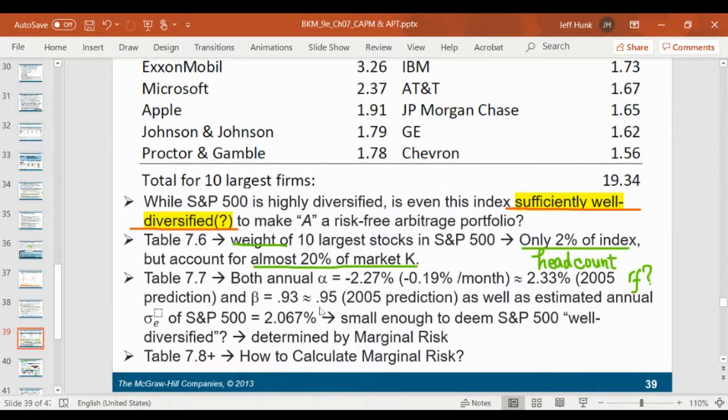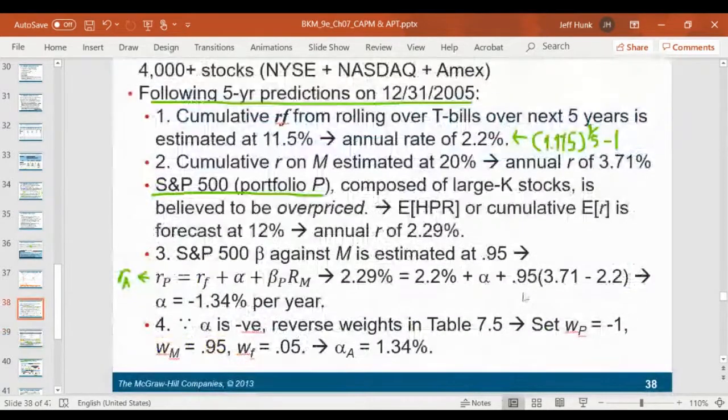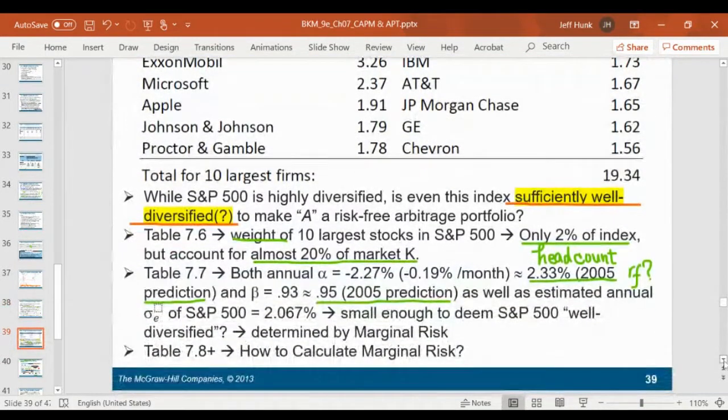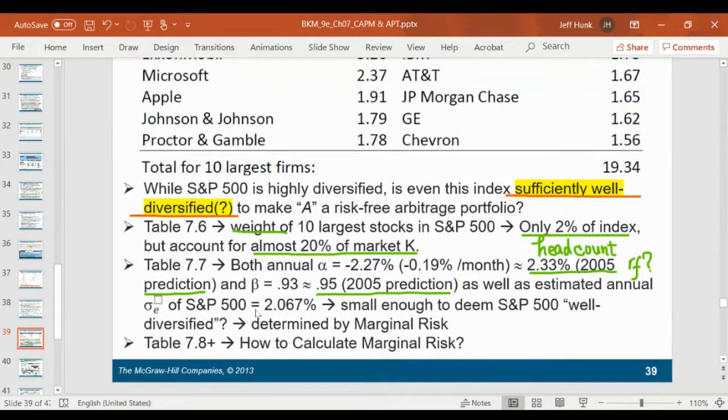And in that model, the 2005 prediction of beta was 0.95. Yes, it was 0.95, and our S&P 500 regression against the broader market benchmark was 0.93.